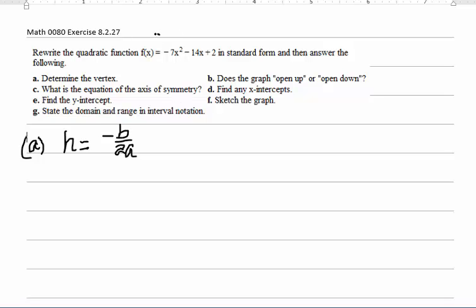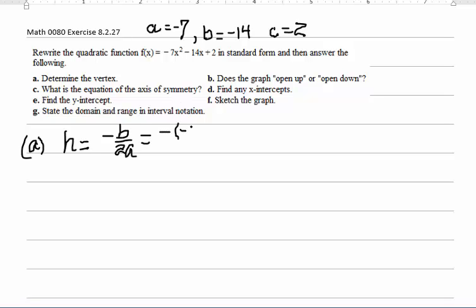And again, a is the coefficient of x squared, b is the coefficient of x, c is the constant. So we want to do this calculation.